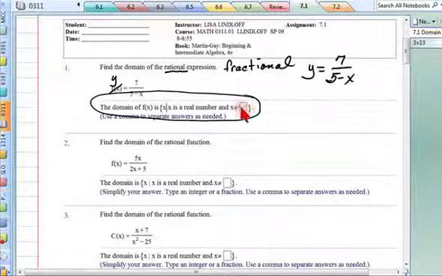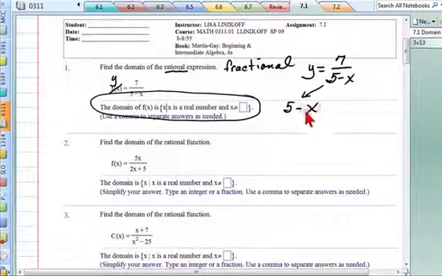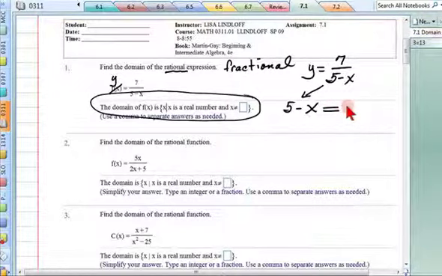Okay, so we're going to have to fill in that blank. There is a number that x cannot be. To find the number, you're going to take the denominator, 5 minus x. And what is the value that you don't ever want it to become? 0. So I'm going to break the rules and say, well, what if it's equal to 0? And let's solve for that x.